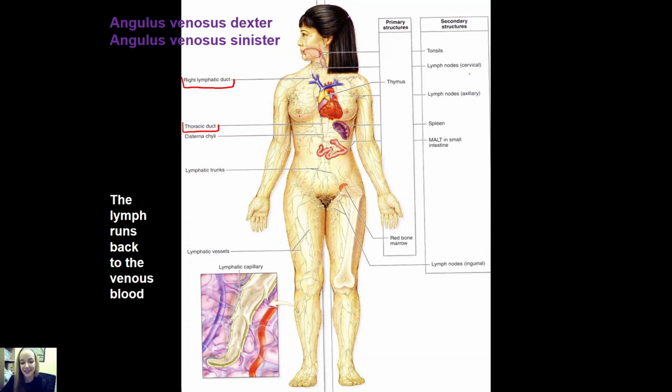But you should know that the lymph that is in the interstitium, in the space between cells in the tissue, needs to pass through at least one lymph node to get back to the venous system. So there should always be at least one lymph node in this passage.